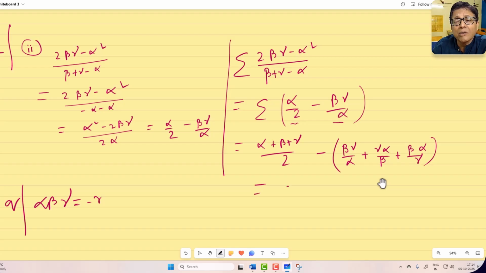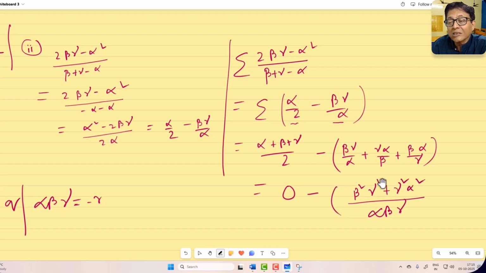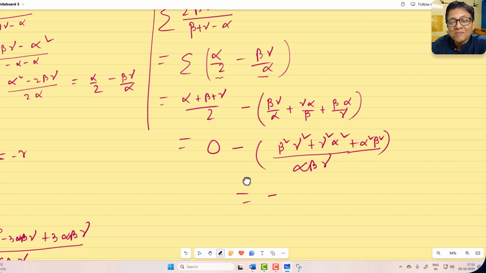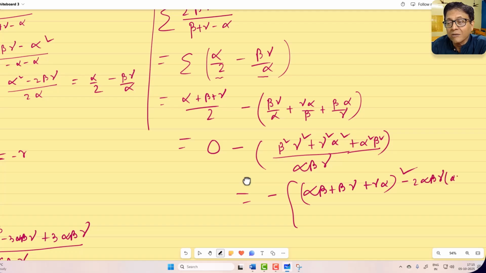Alpha plus beta plus gamma is, we have seen that this is 0 and here you take, so this is going to be beta square gamma square alpha square, and this thing we've done in 3/4 sums. This is alpha beta gamma alpha whole square minus 2 alpha beta gamma, that divided by alpha beta gamma.